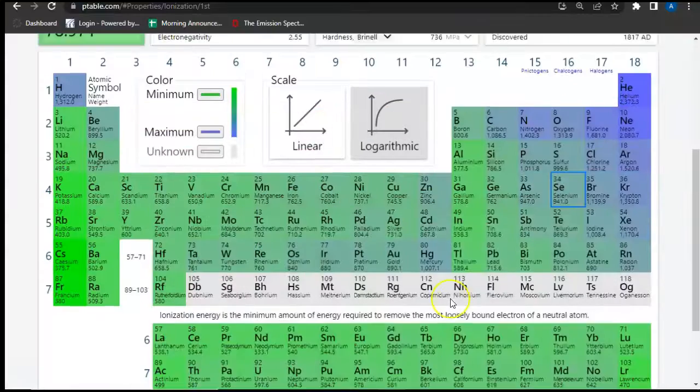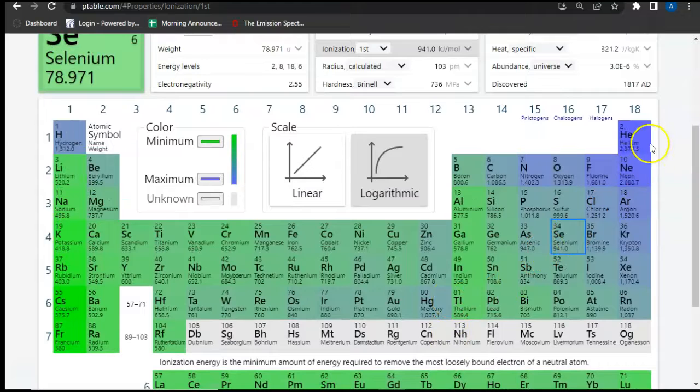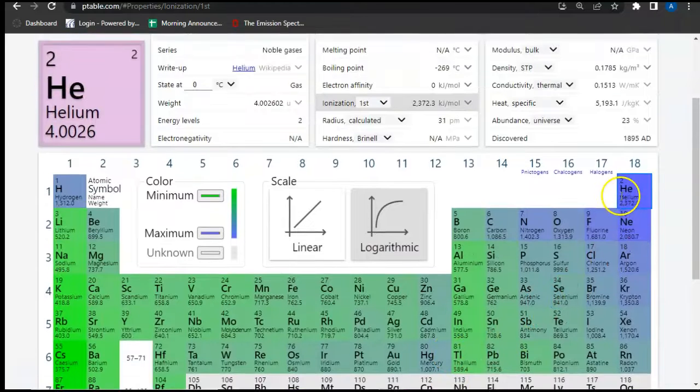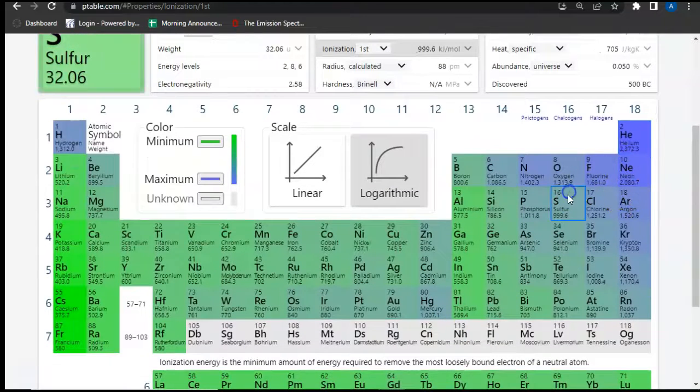So they also ask us which is more likely to form a positive ion. So let's see if we can use logic to figure this out here. We've got one with like 1,000. Looks like sulfur's pretty close. Do you think it'd be easier to remove sulfur's electron or somewhere with 400, like rubidium?